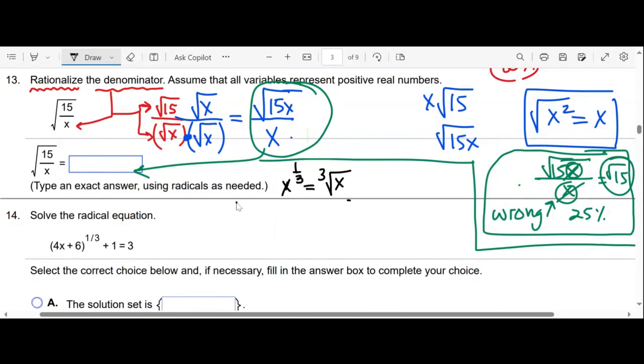Now, what if I give you 4x plus 6 to the power of 1 over 3? What does it mean? It means cube root of 4x plus 6, correct? Yes or no? Yes.